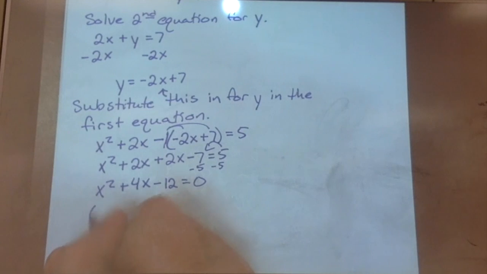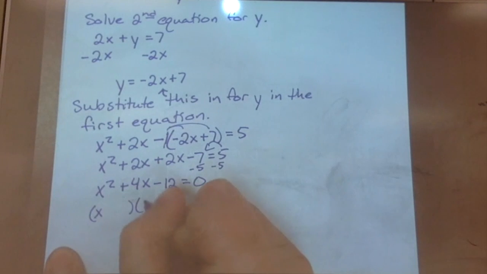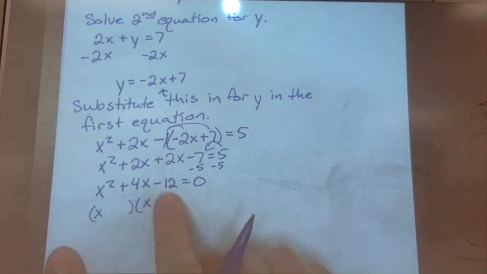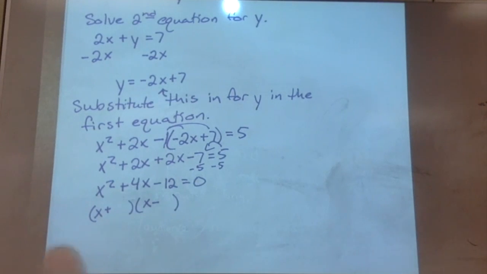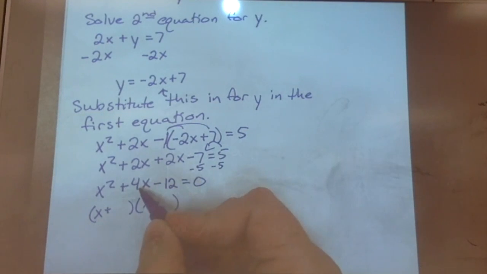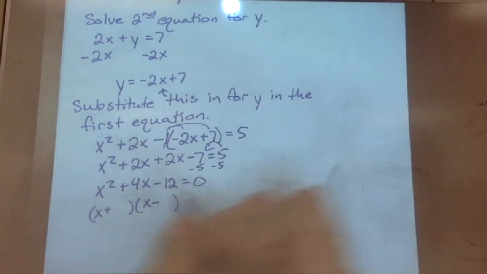So I'm going to have my two parentheses, and x and x are going to go in the first one. To get a negative, it's going to have to be a positive times a negative. One is going to be positive and one is going to be negative. So two numbers multiply to give me a negative 12, add to give me a 4. You can make your list of factors if you need to, but 6 times negative 2 is negative 12. Also, 6 minus 2 is 4, or 6 plus negative 2.